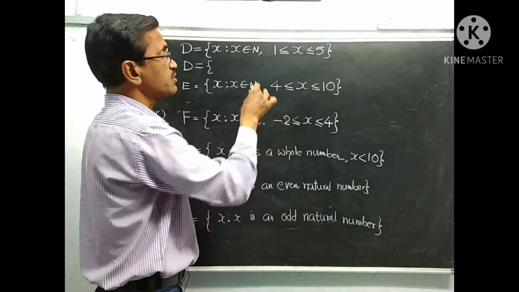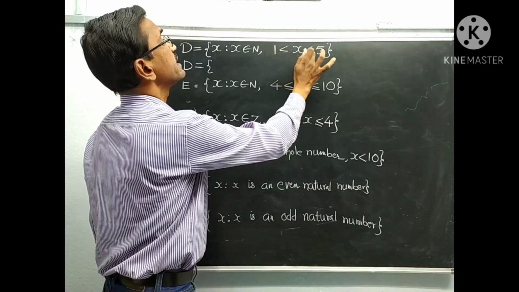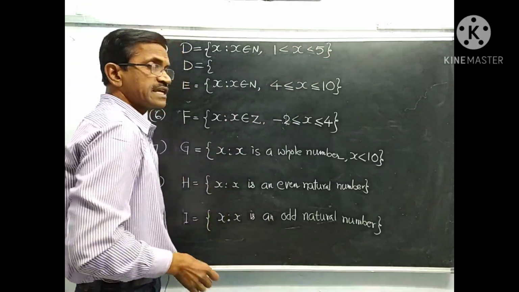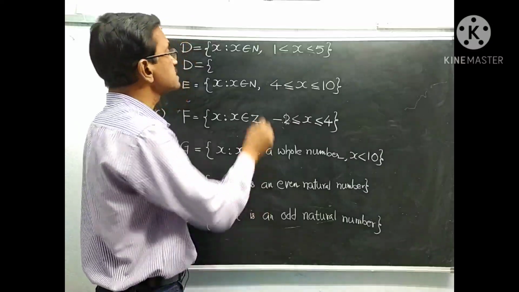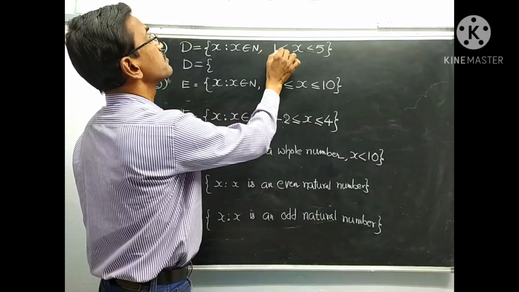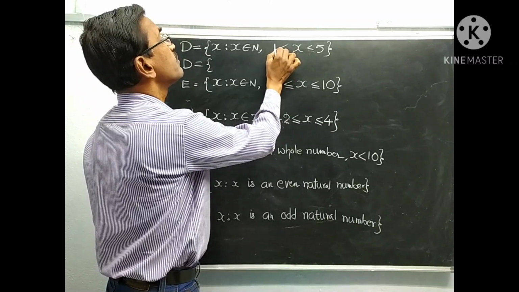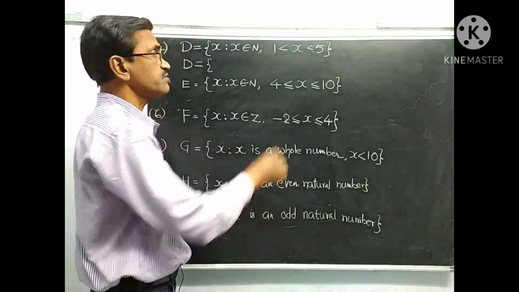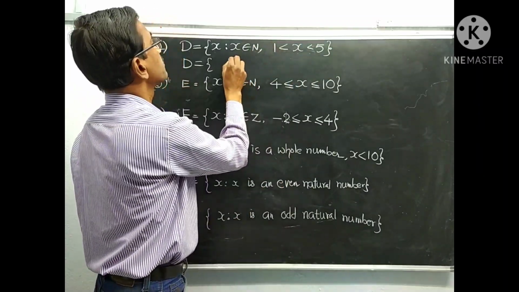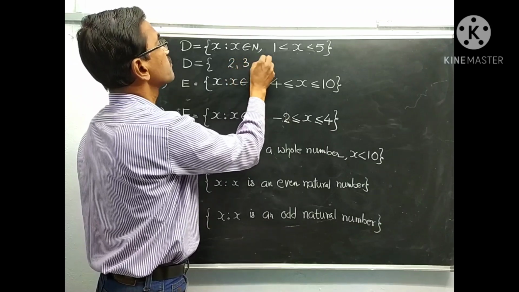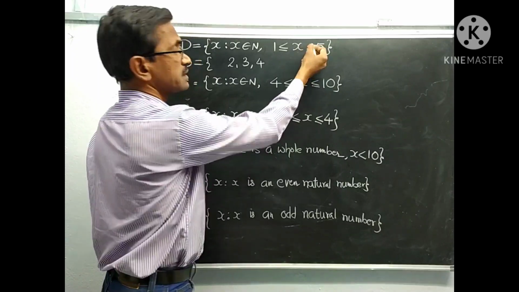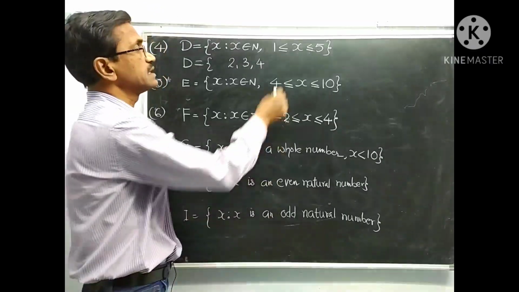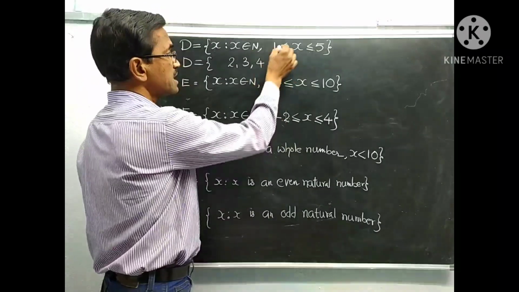In the previous example I explained that if the inequation is 1 less than x less than 5, we have to write elements in between 1 and 5. What are the elements between 1 and 5? There are 2, 3, 4. But here the equal to sign is there, less than or equal to inequation.